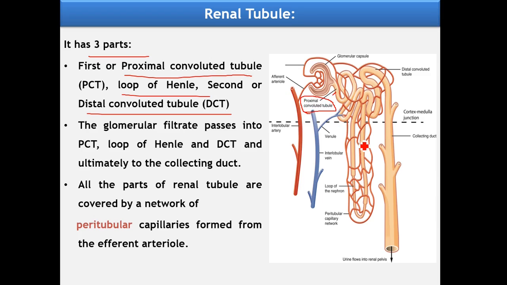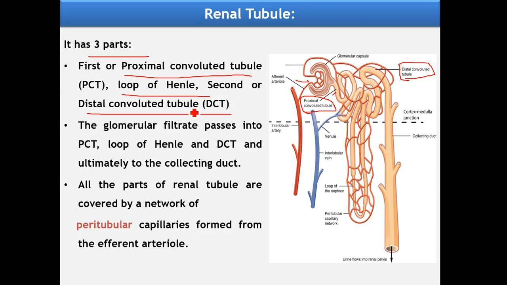And this U-shaped structure is called loop of Henle. It is a hairpin like structure. The next one is the second or distal convoluted tubule, DCT. As it is away from the Bowman's capsule, we call it distal convoluted tubule.